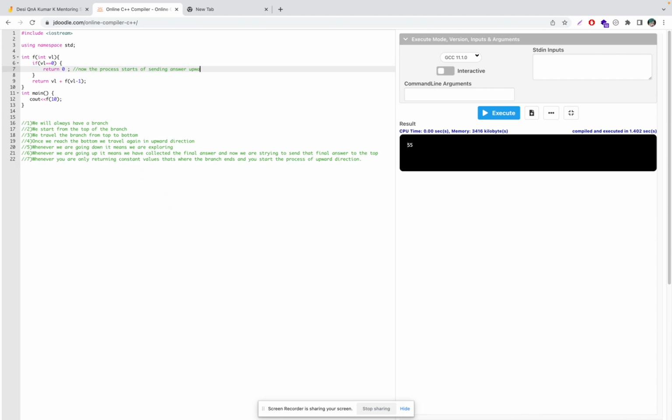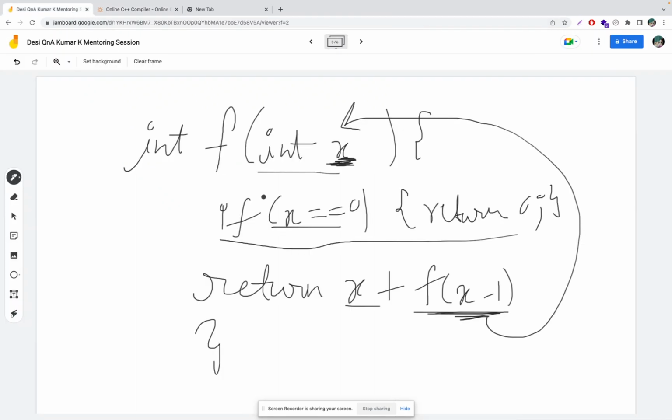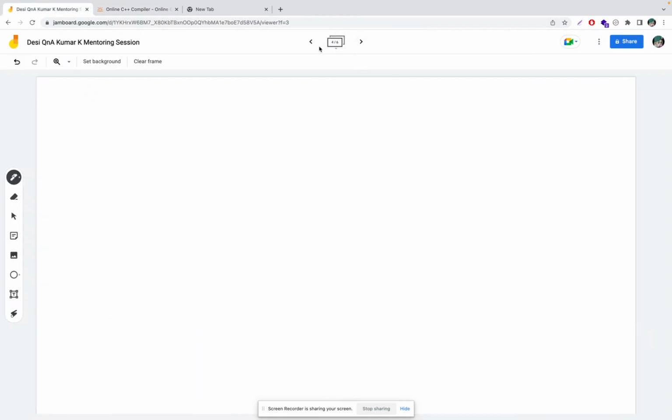So guys, I explained in the first half that now we will start the process of sending the answer upwards, because for the value equal to 0 you wrote return 0. You did not tell the program to return some f of value, so it will not go down further. As you were returning just 0 here, the branch stops.